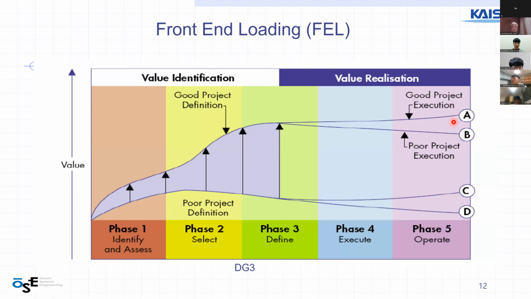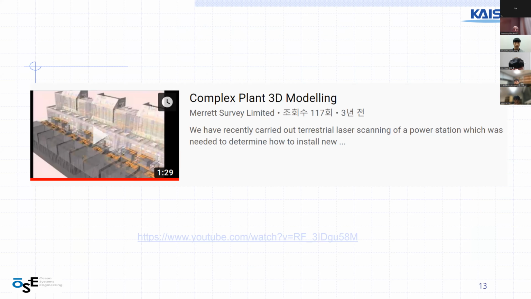Comparing A and B, the difference is very small, though there is poor execution. But comparing A and C, the difference is very large if there is a poor definition. So good project definition is very important. Let's see the video.